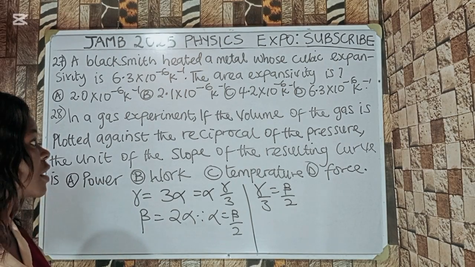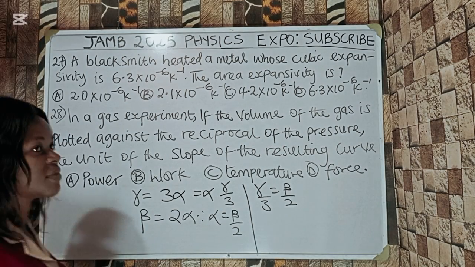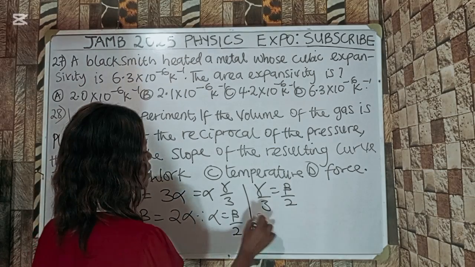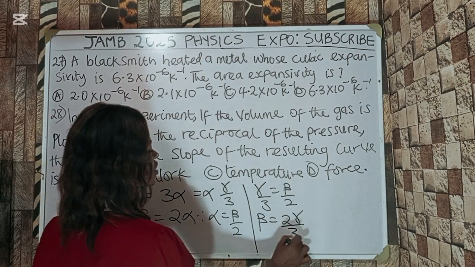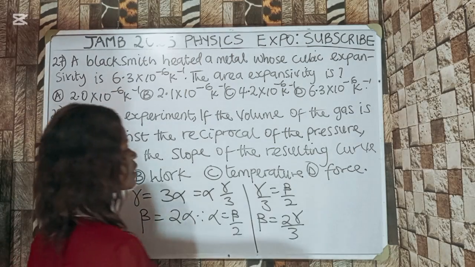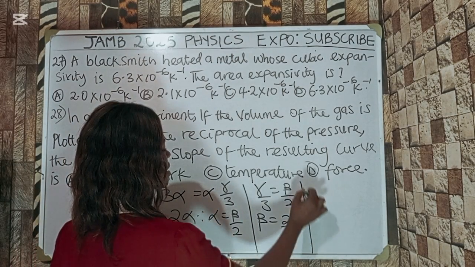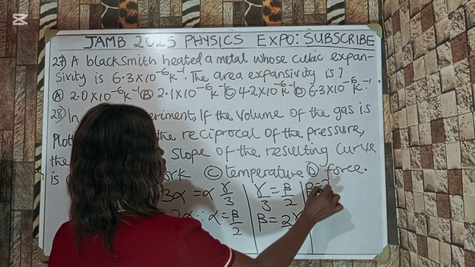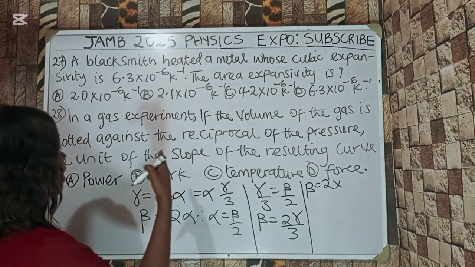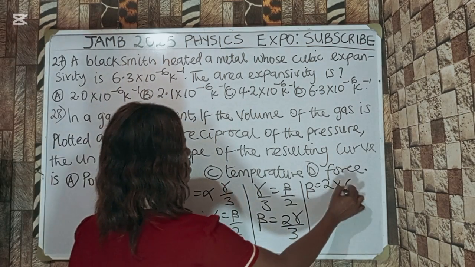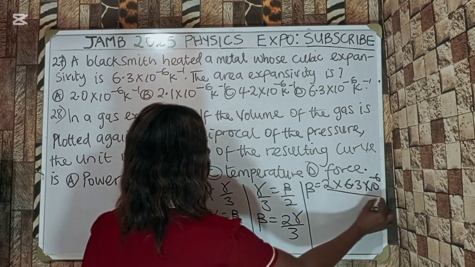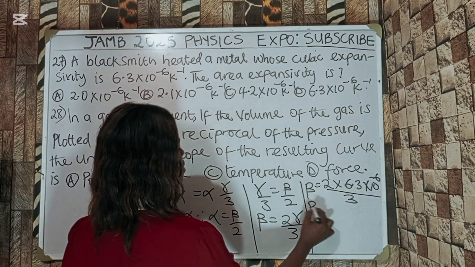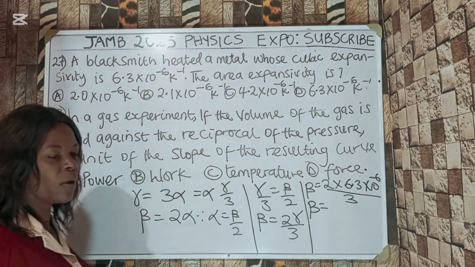So from the question, what are we actually looking for? We are looking for area expansivity, simply by cross multiplying. So beta is equal to 2 gamma divided by 3. I hope that is clear. So beta is equal to 2 times my gamma, which is 6.3 times 10 to the power of minus 6, divided by 3. Do you understand? So we can work it out.